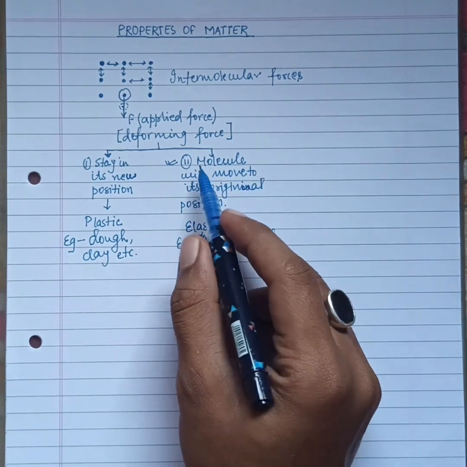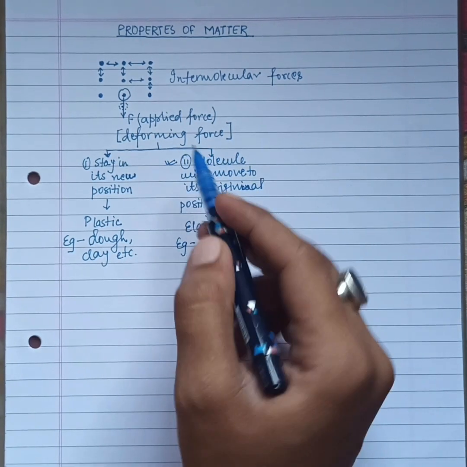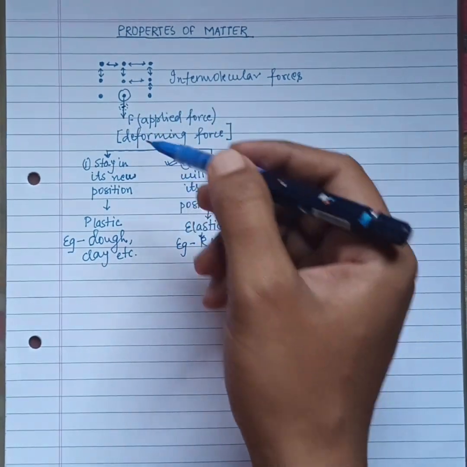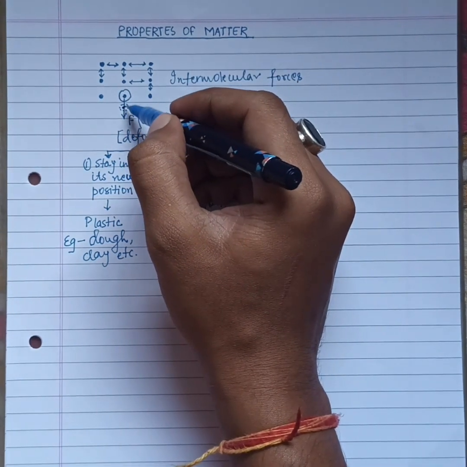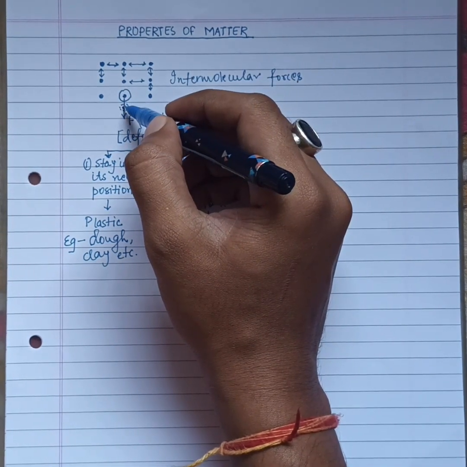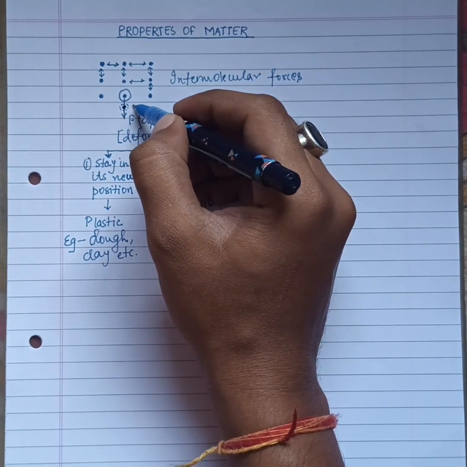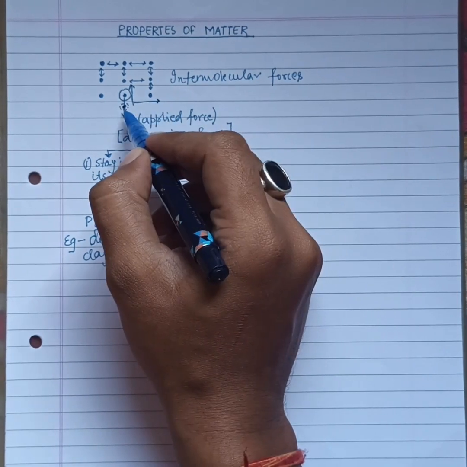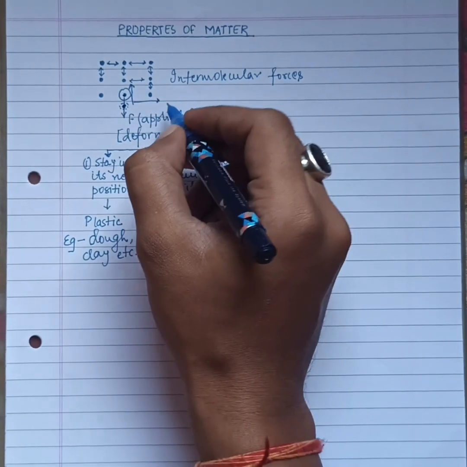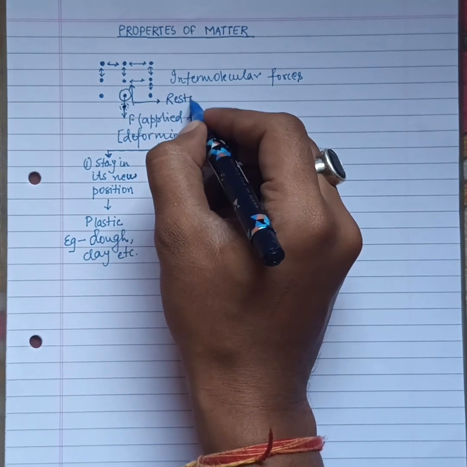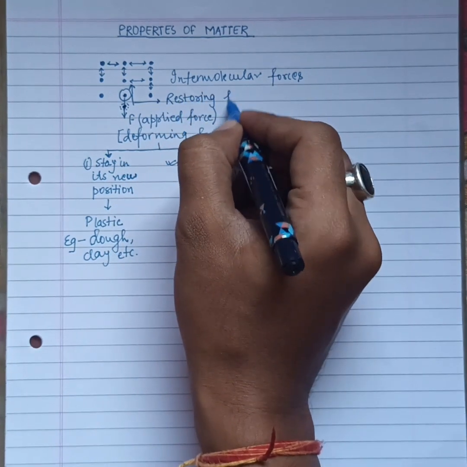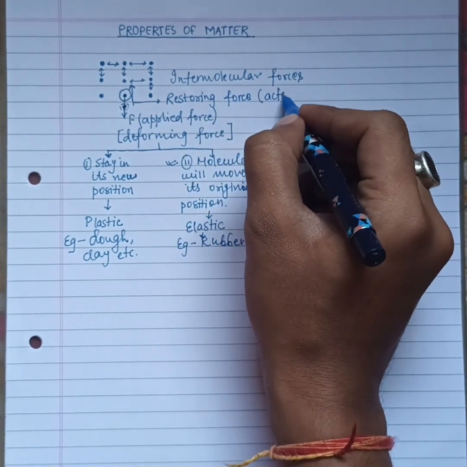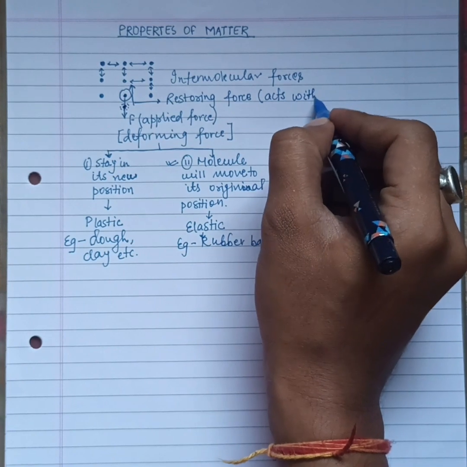What happens when the deforming force is applied? Due to this elastic property, the molecule which was displaced experiences another force of attraction within the body. This force of attraction within the body, due to which the molecule comes to its original position, is known as the restoring force, and it acts within the body.